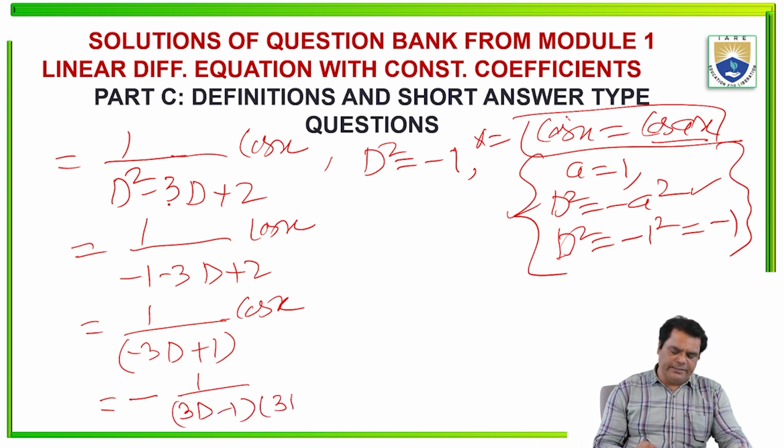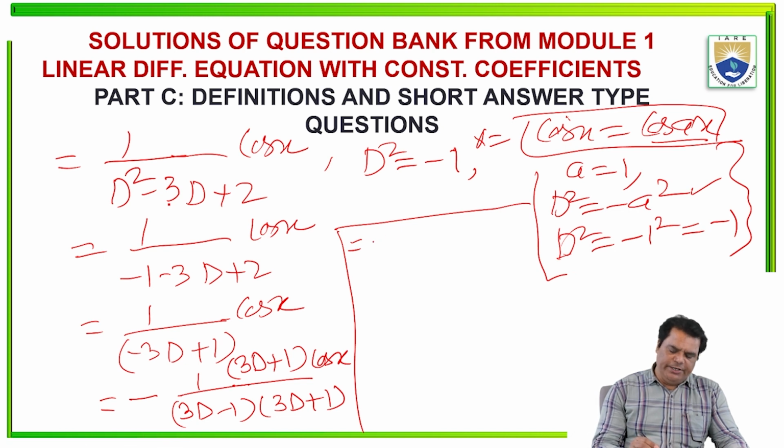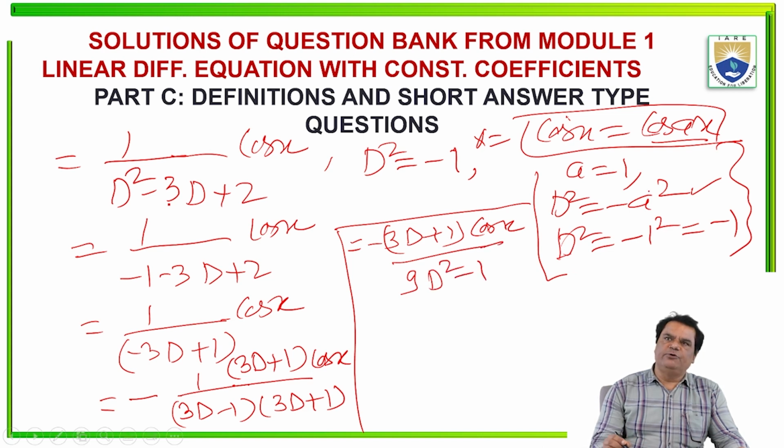Multiply by its conjugate 3D plus 1, in numerator and denominator, into cos x. In the denominator we get 9D square minus 1. Again putting D square equal to minus 1.